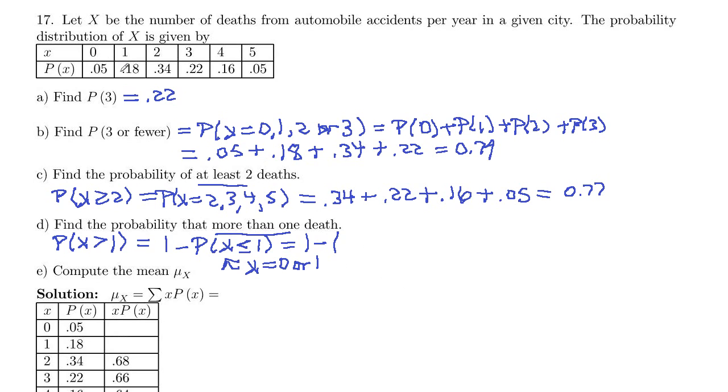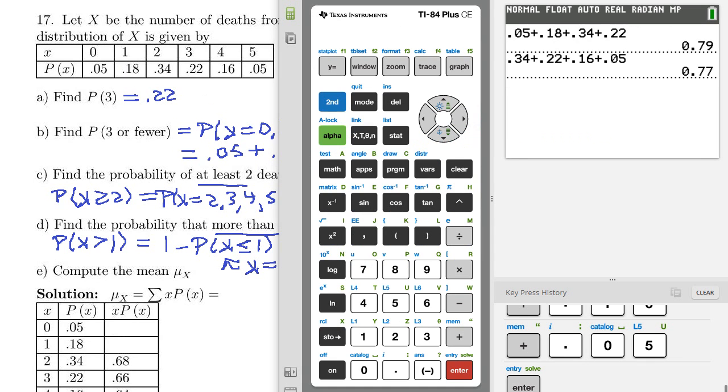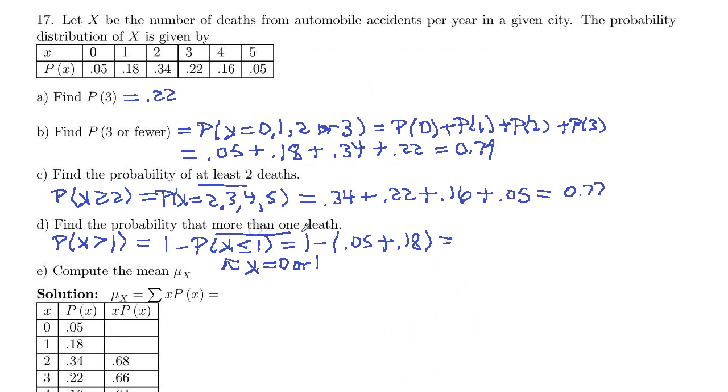So probability of 0 is 0.05 and probability of 1, 0.18. So we can use the complement rule to do that if we want. So 1 minus parentheses 0.05 plus 0.18. Close up our parentheses, and there's our 0.77 again.